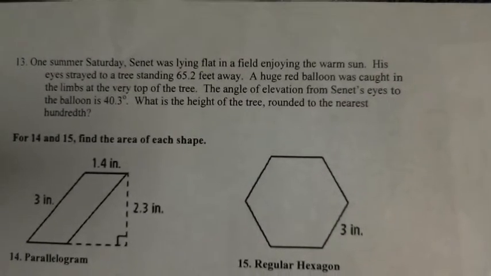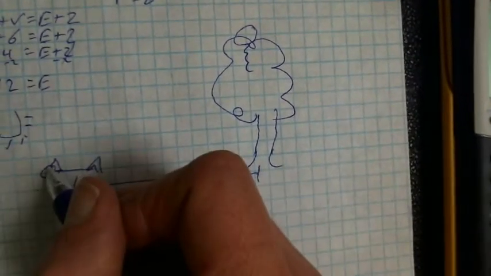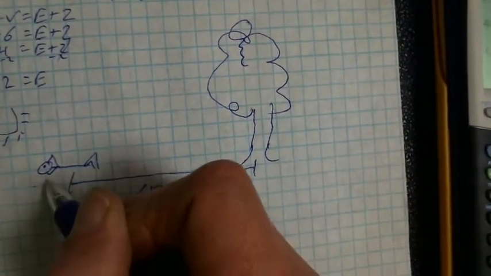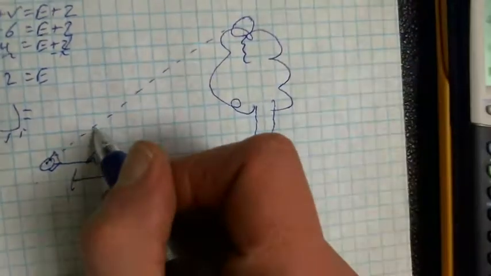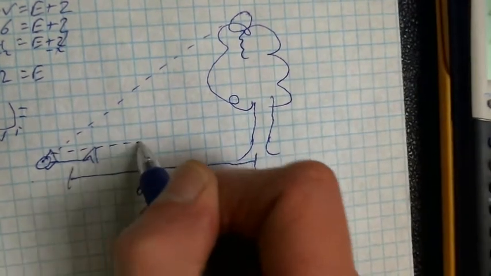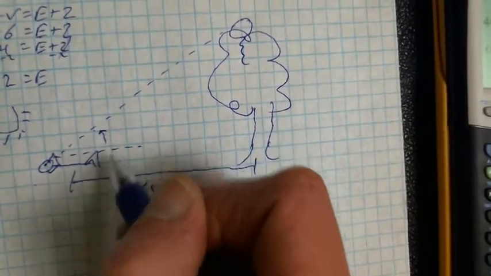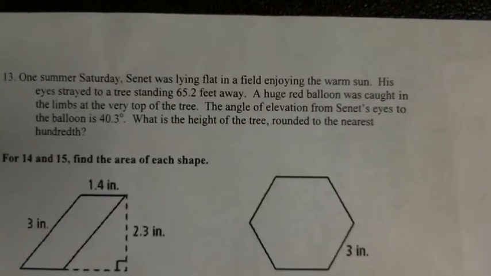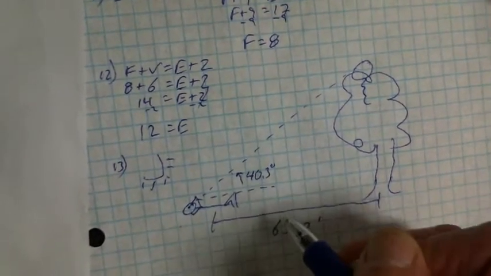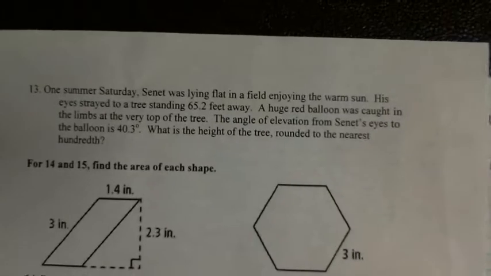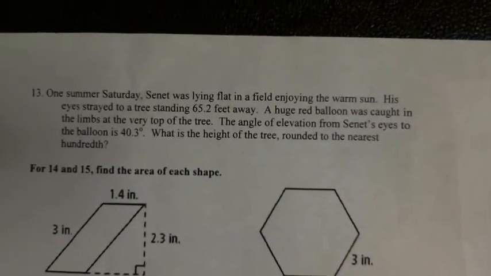The angle of elevation from Sennett's eyes to the balloon, elevation is from horizontal up, is 40.3 degrees. Degrees go inside the angle. What is the height of the tree rounded to the nearest hundredth?